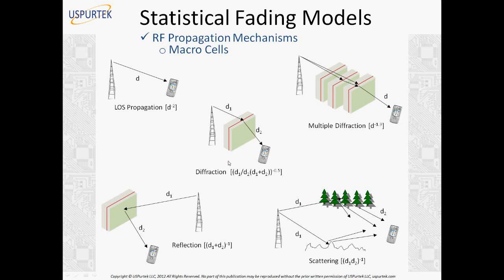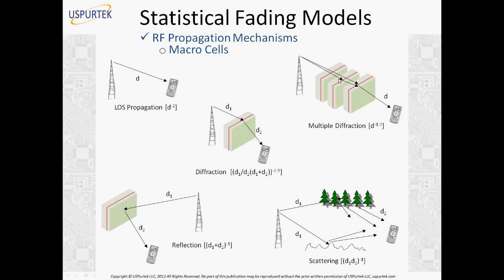Or you could have a single diffraction, where the equation changes. It's again a negative exponent of 0.5, but you have two distances here: d1, the distance from the cell tower to the edge of the building, and from there it gets diffracted to the handset, and the other distance d2. This is experimentally determined behavior for a single diffraction.